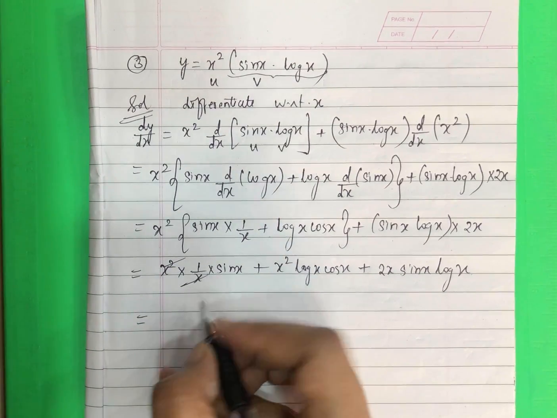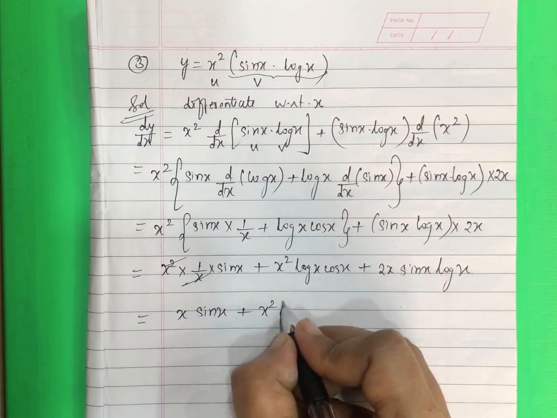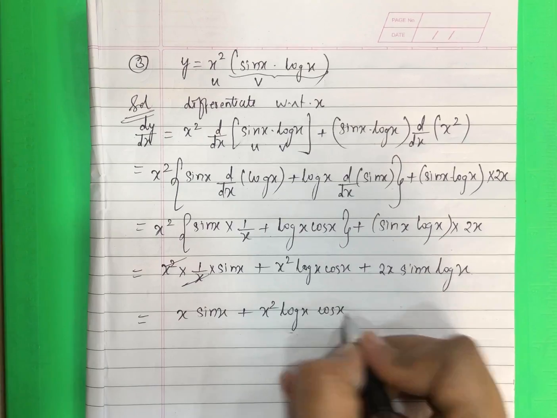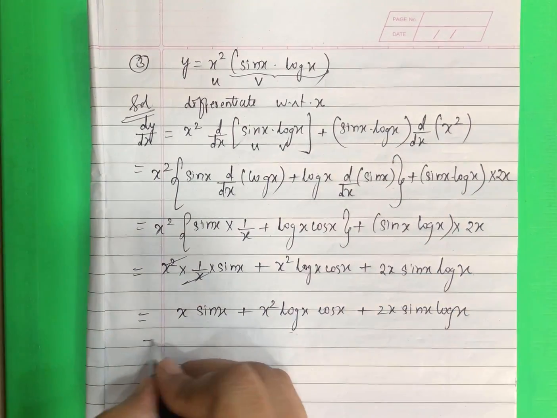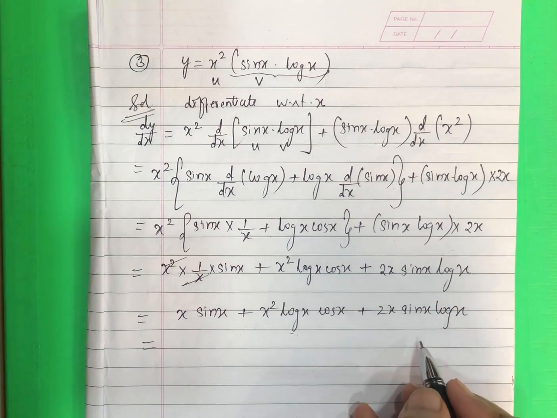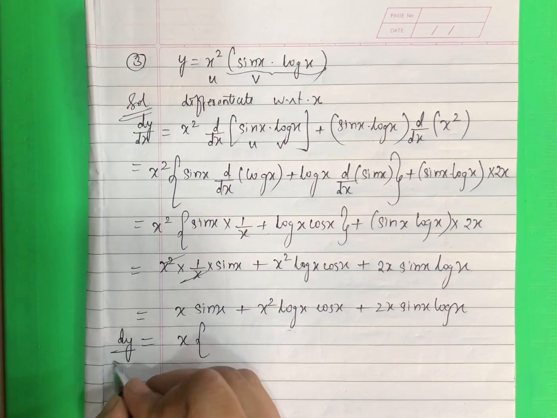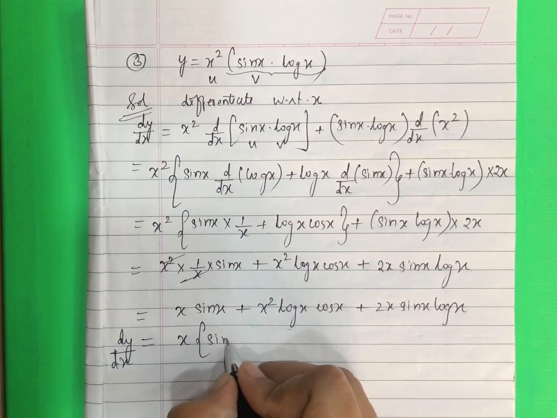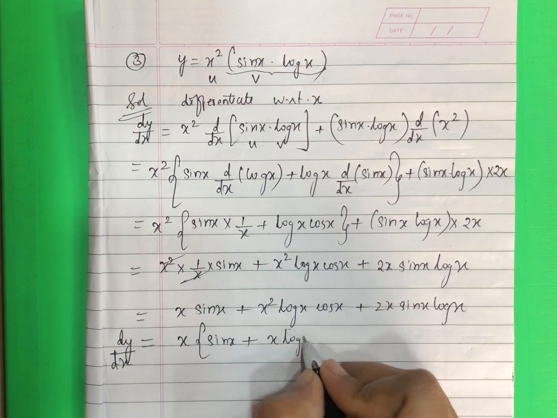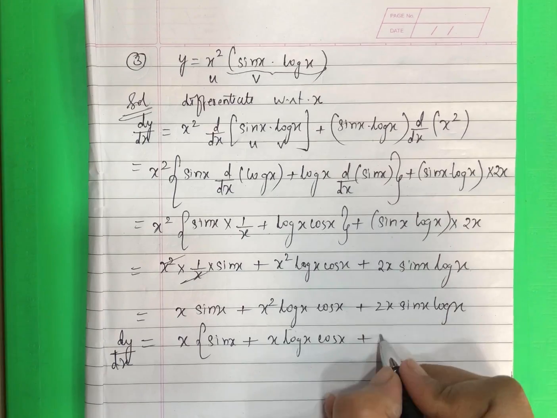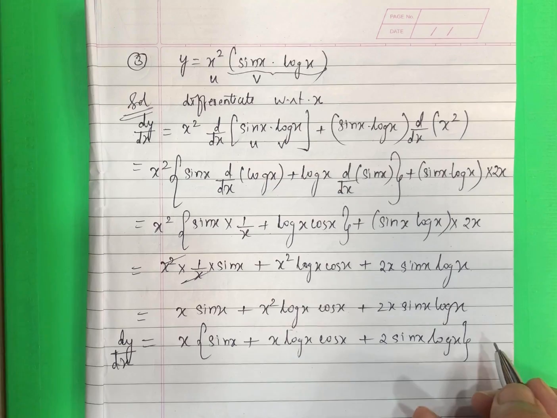So here we are having only 1x, x sin x plus x square log x cos x plus 2x sin x log x. Now we can take x common from the entire term. So taking out x common from the entire term, we are having sin x plus x log x cos x plus 2 sin x log x, bracket close.